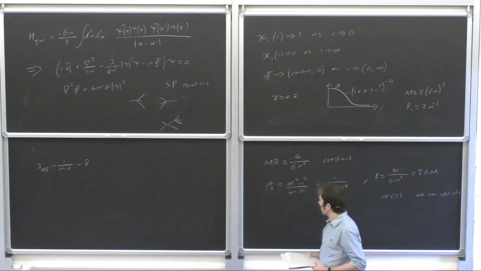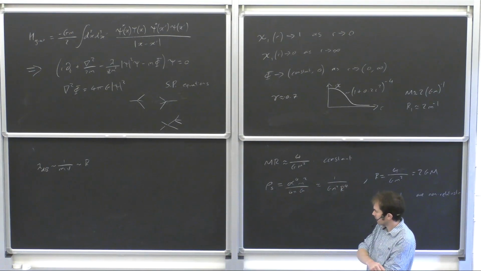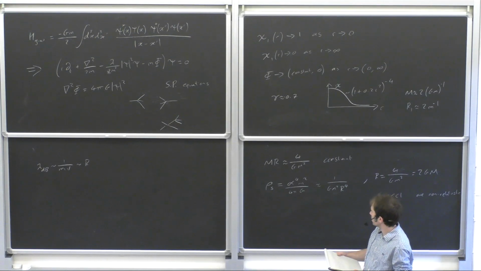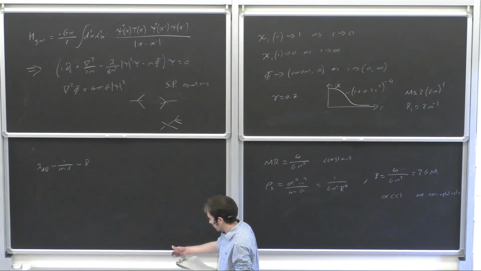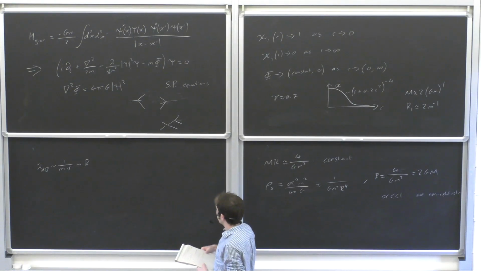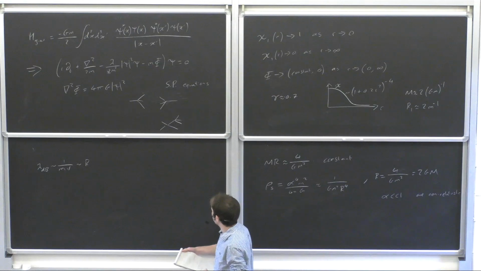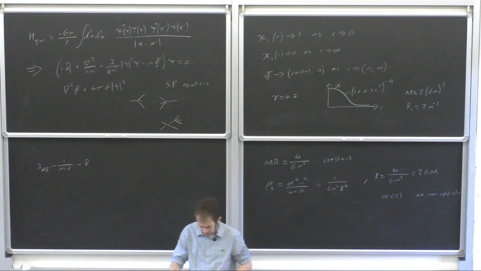If you like, there's no way of squeezing these axions closer together because of something a bit like an uncertainty principle. So in some ways, really, it's a coherent, well, let me not speculate too much on that.